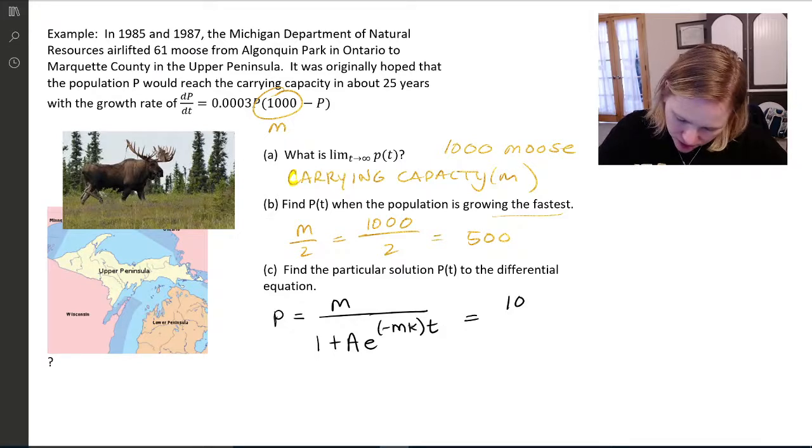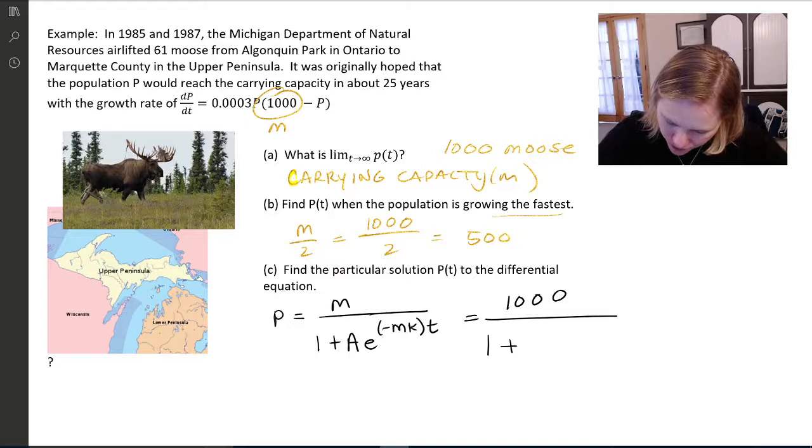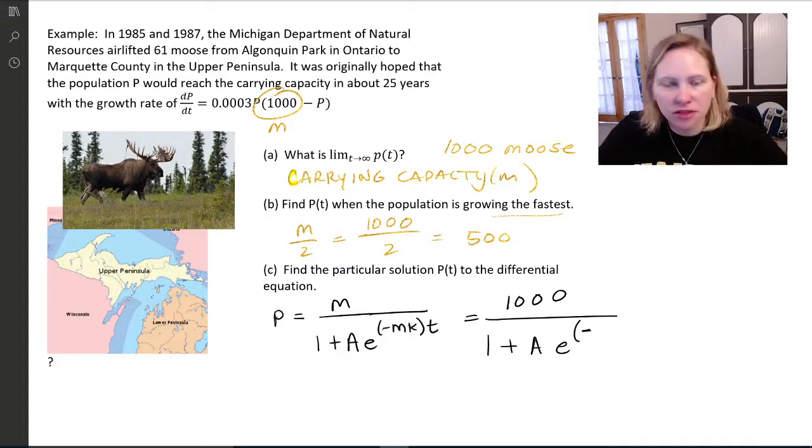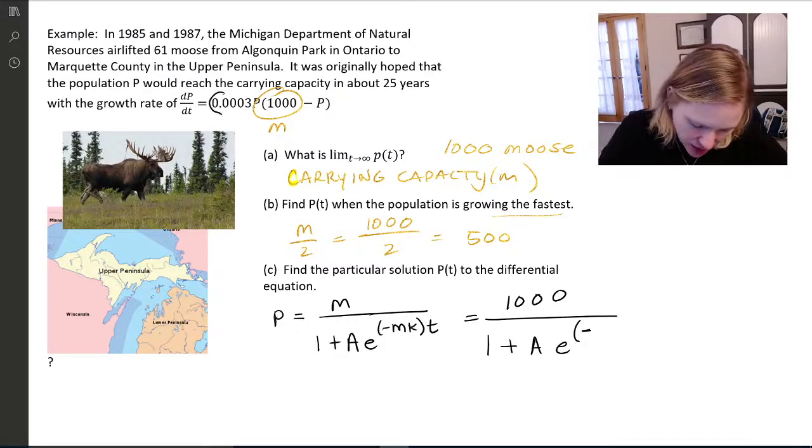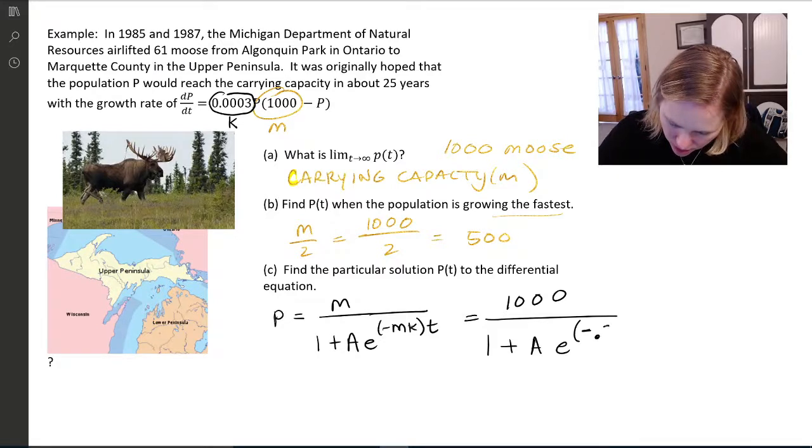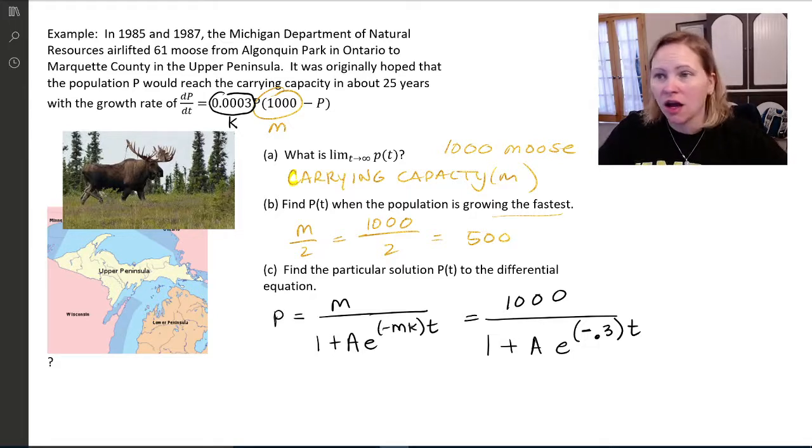M is 1,000. 1 plus A, I'm going to have to solve for. E to the negative, okay, 1,000 times K, this is K right up here. So 1,000 times 0.3 T. Okay, I'm getting there.